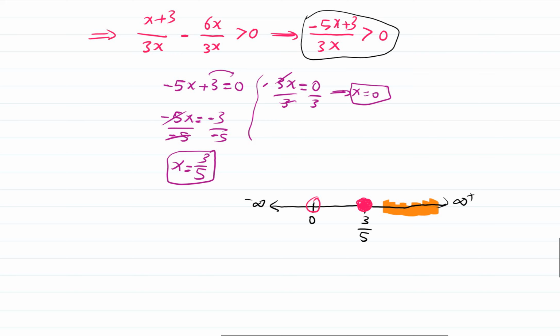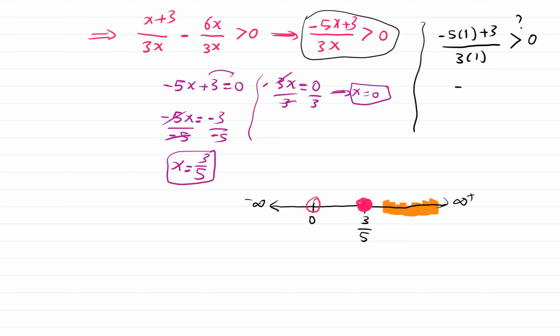We have negative 5 times 1 plus 3 all over 3 times 1. Is that greater than 0? Let's test. Negative 5 times 1 equals negative 5, plus 3 equals negative 2, all over 3. Is that greater than 0, students? No, it's not greater than 0. So that's why this is not the answer.